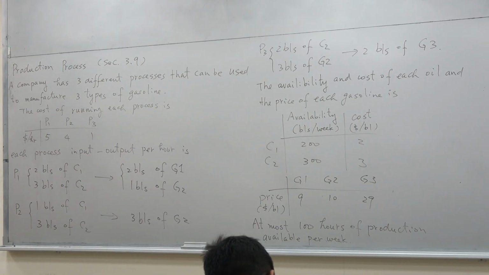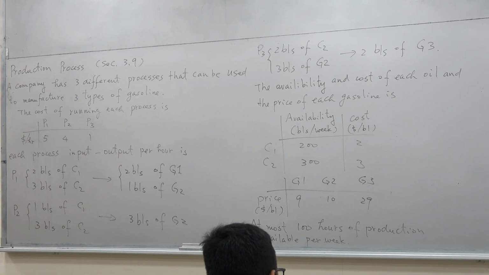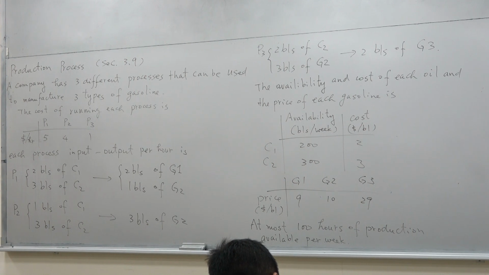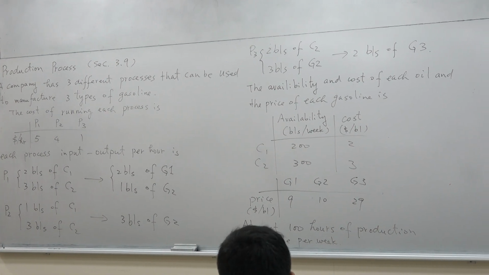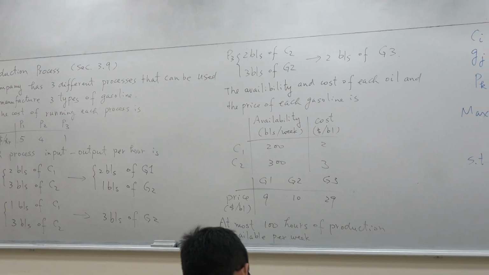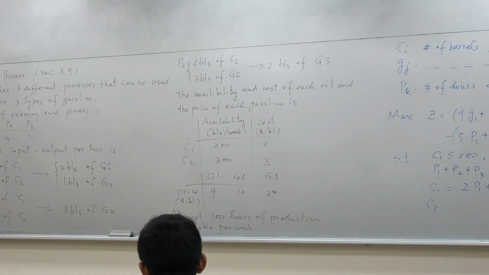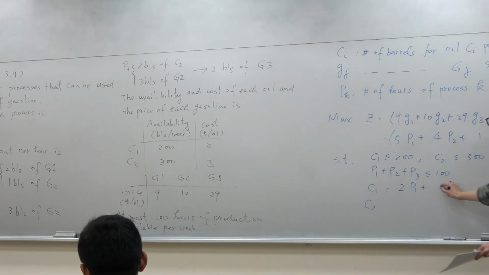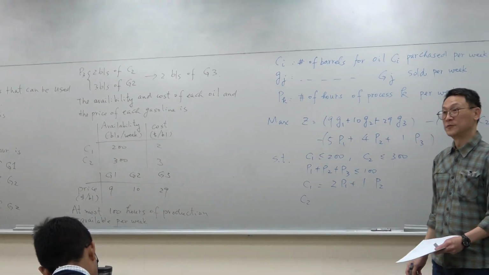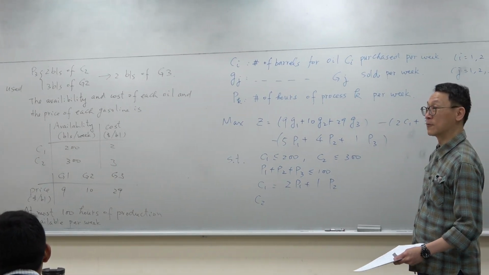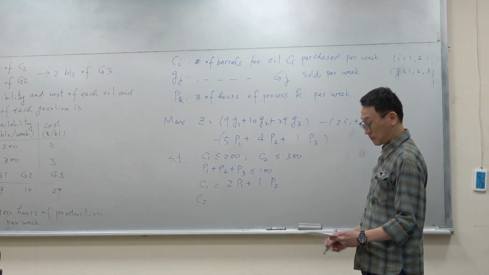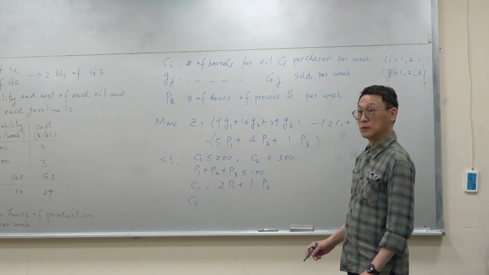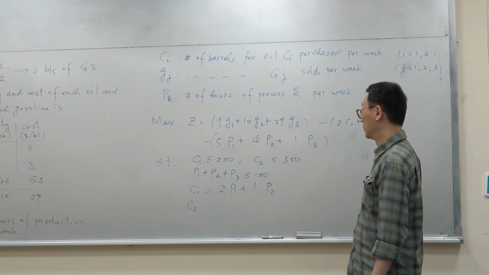And in each hour, how many C1 do I need? 2 for process 1 and 1 for process 2. Right? Okay. So how about C2?